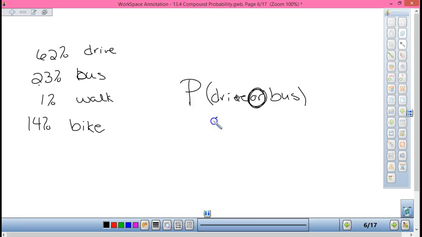So driving is 62% plus busing is 23%, gives us 85% comes in a motor vehicle. Okay, that's the easy stuff.